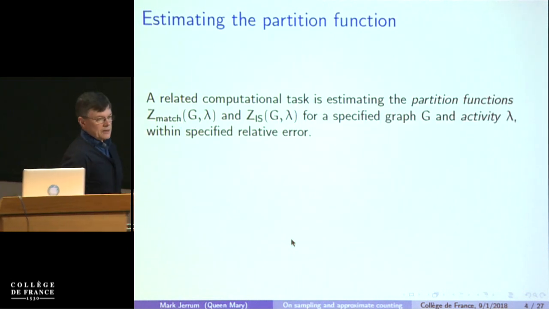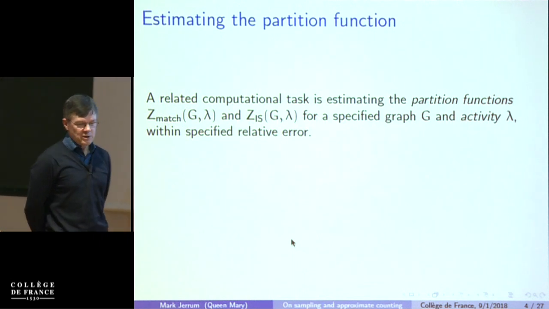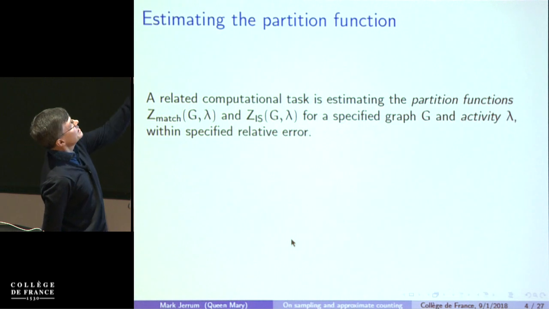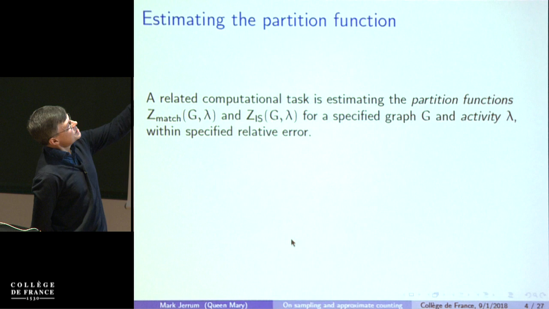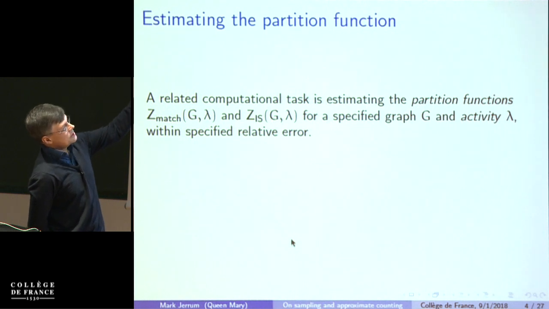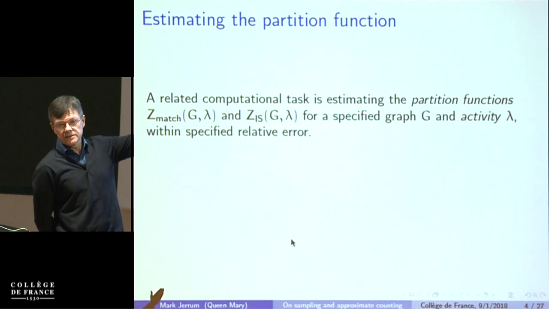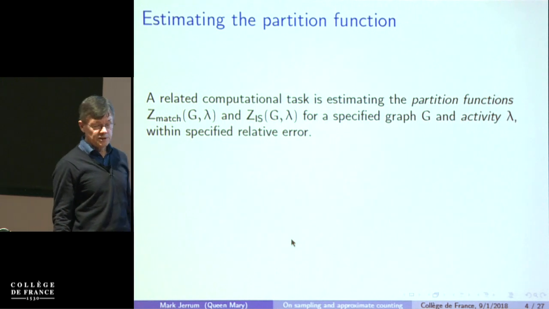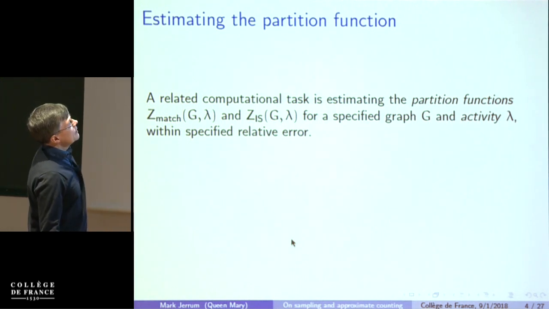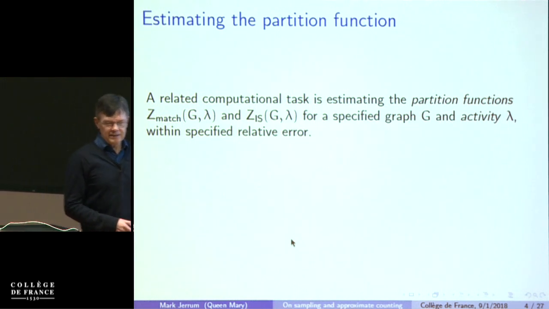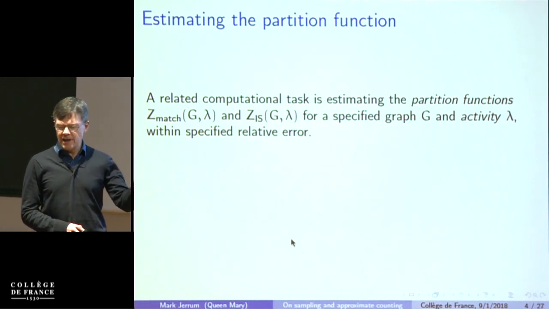Okay, now as I said, from the title, we've got two things. We've got sampling and counting, and it turns out that they're similar. So the counting task is estimating the partition functions, so-called. So the partition function is just the sum of the weights. It's this thing that we have to divide through in order to get a probability distribution. And well, we'll see in a moment that actually, as an exact problem, this is almost never solvable.